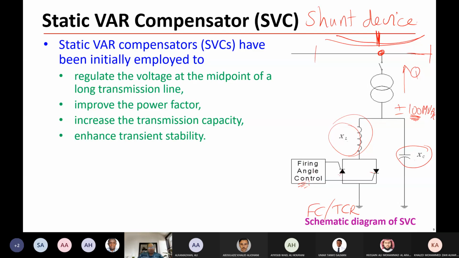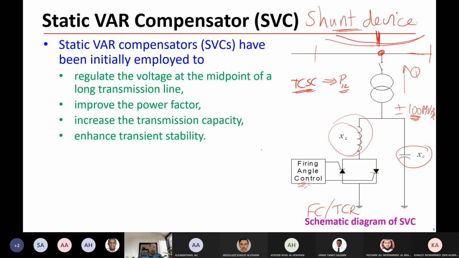The primary objective for this one is the voltage regulation. For TCSC, thyristor controlled series capacitor, the primary objective is the power transfer. We need to enhance the power transfer.